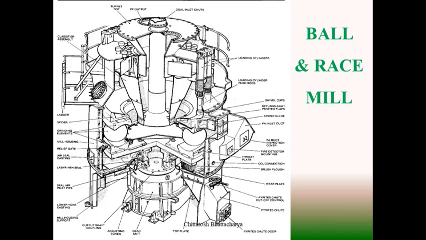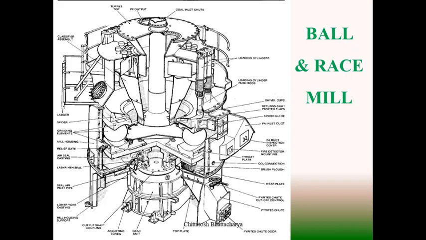The pulverized coal is generated, and this coal is carried by hot primary air supplied from the bottom, which gets inside through the passage between the mill body and the grinding race assembly.